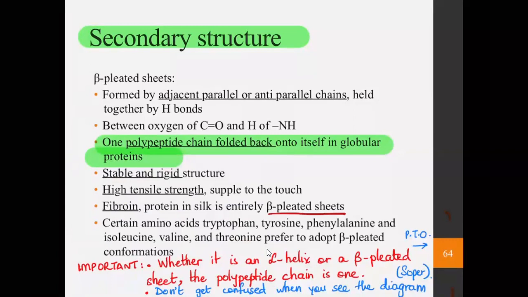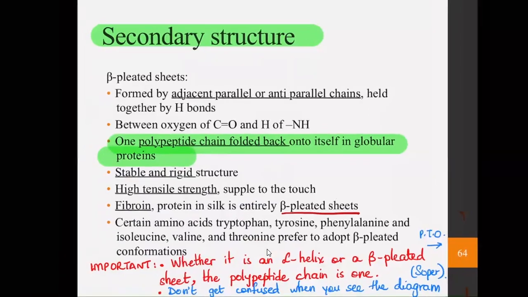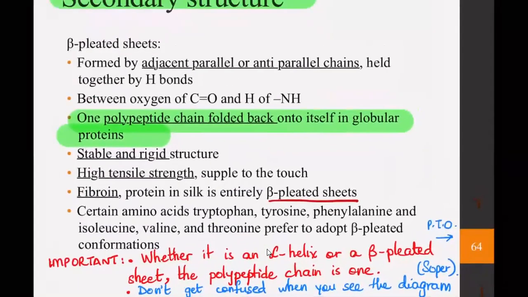The pattern of arrangement of the hydrogen bonds in the alpha helix was between one amino acid and 4 amino acids ahead of it, whereas the pattern of arrangement of the hydrogen bonds in the beta pleated sheet is formed by the adjacent parallel or anti-parallel chains held together by hydrogen bonds. ठीक है? होगा वही between the oxygen of the CO group and the hydrogen of the NH group.